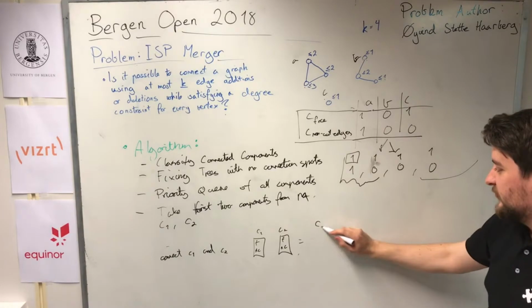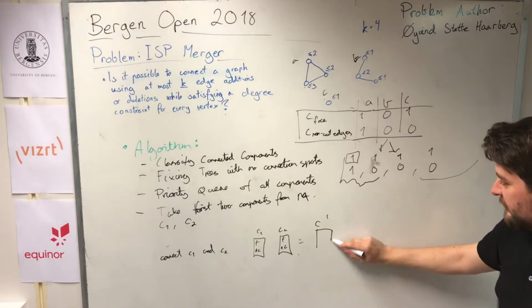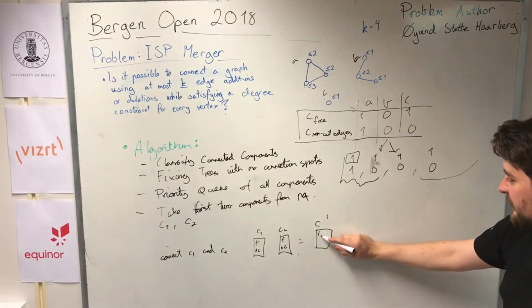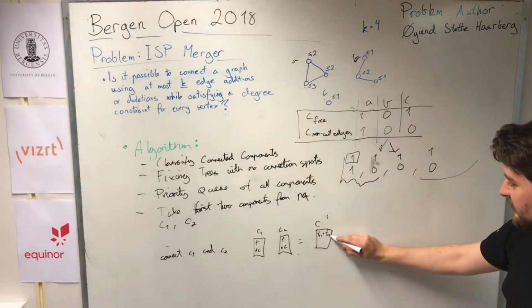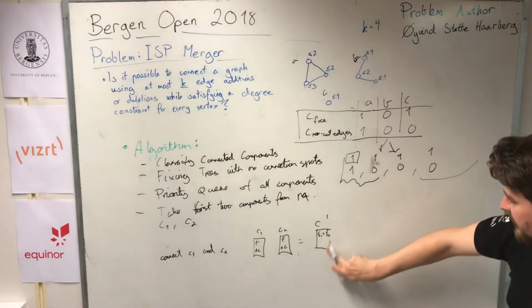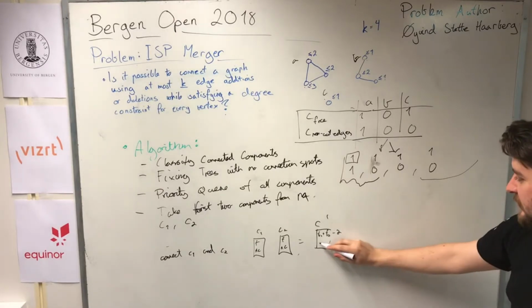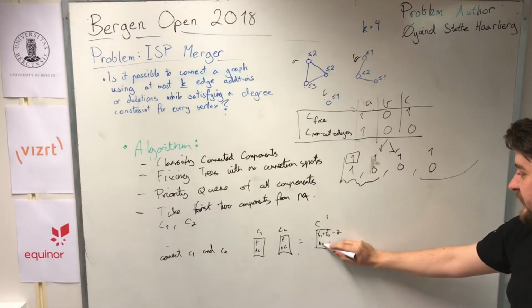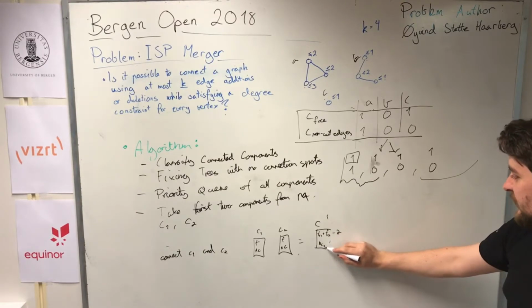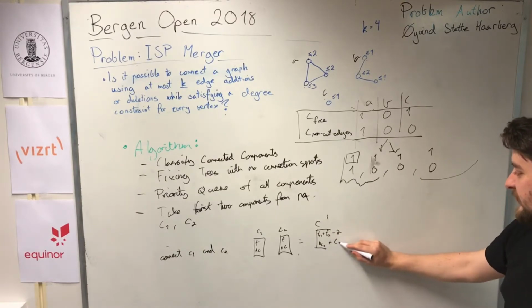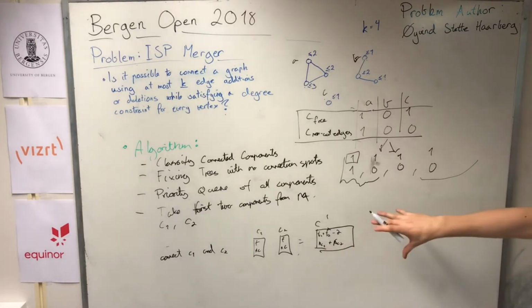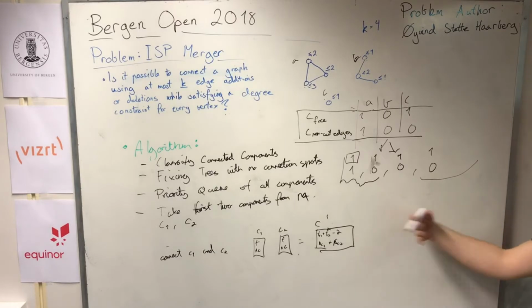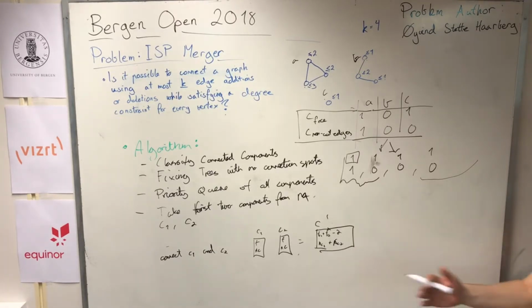We always get a new component, C prime, and it's going to be free from C1 plus free from C2 minus 2, and the non-cut from C1 plus the non-cut of C2. So we don't have to know where we connect the edge, we just add this new component back into the priority queue.